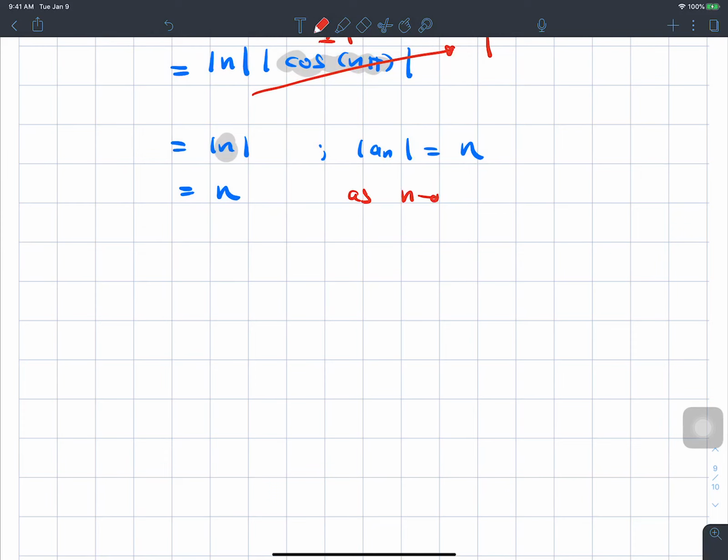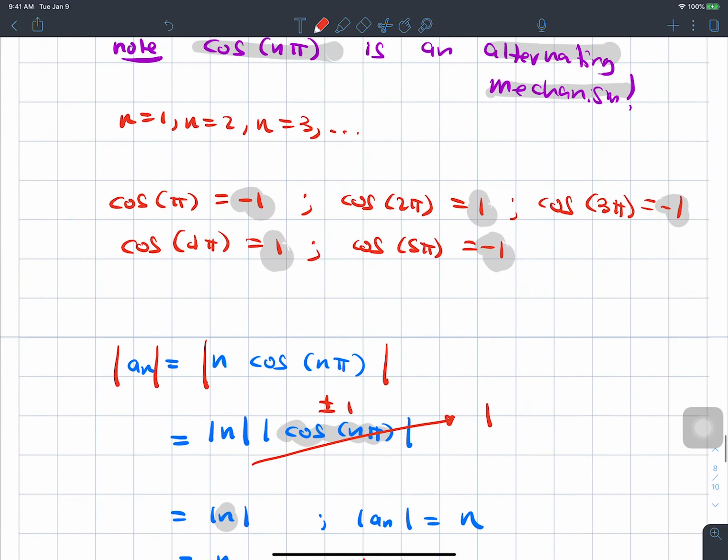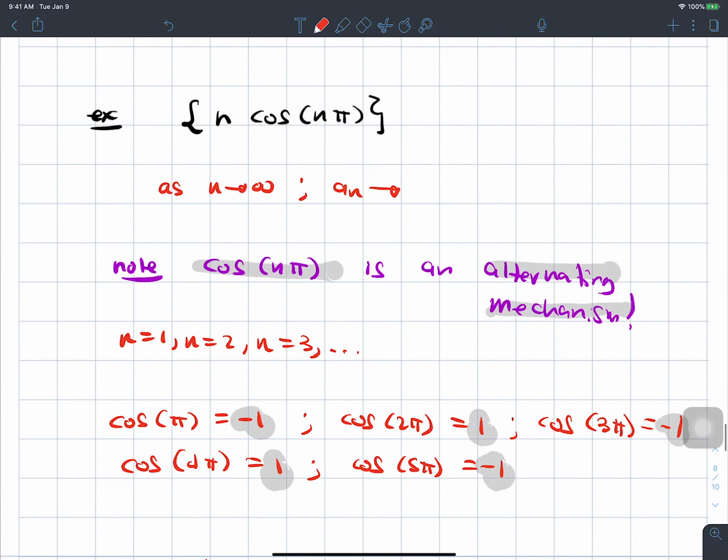As n gets big, the absolute value gets big. It does not go to 0. All right, so this means the positive terms, if we make every term in our sequence positive because we took the absolute value, it gets to infinity. But if we consider what they really gave us, they gave us the sequence n cosine n pi.